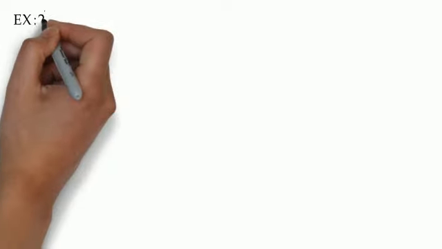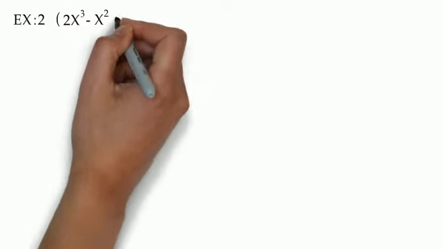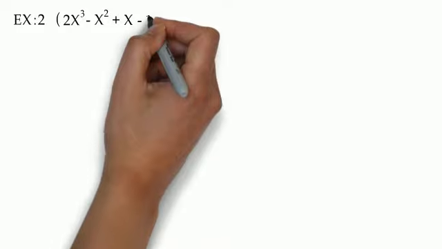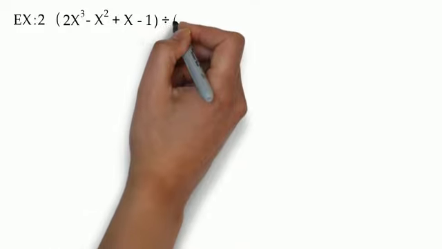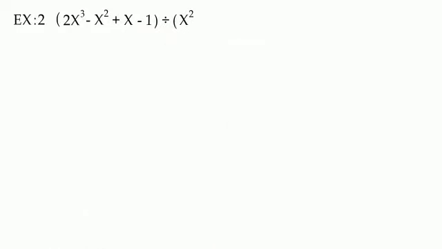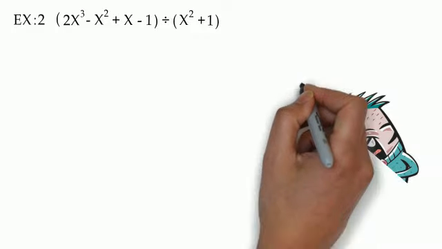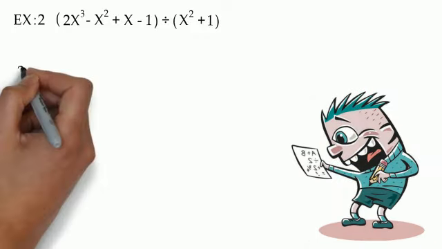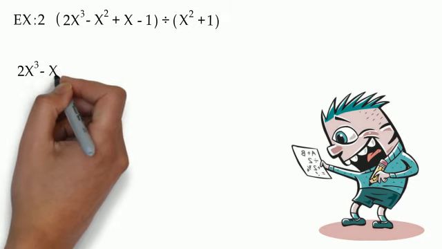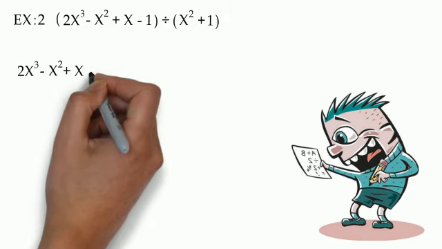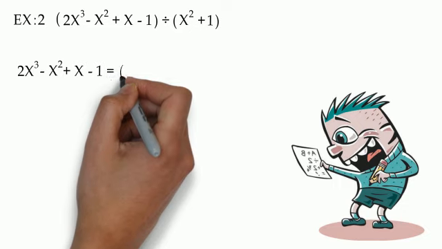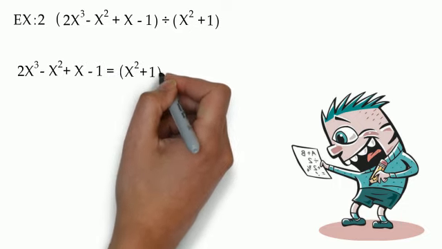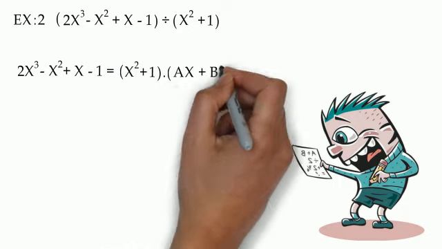Example number 2. 2x cubed minus x squared plus x minus 1 divided by x squared plus 1. Try solving this. We can write this as 2x cubed minus x squared plus x minus 1 equals x squared plus 1 times ax plus b plus cx plus d.